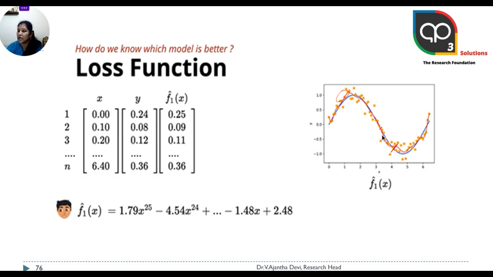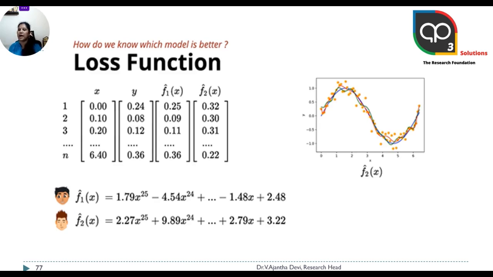So what do you do? You ask another friend. He also looks at the data and gives you one function, and that function is again very close to the sine function, and you see it here in a green curve.